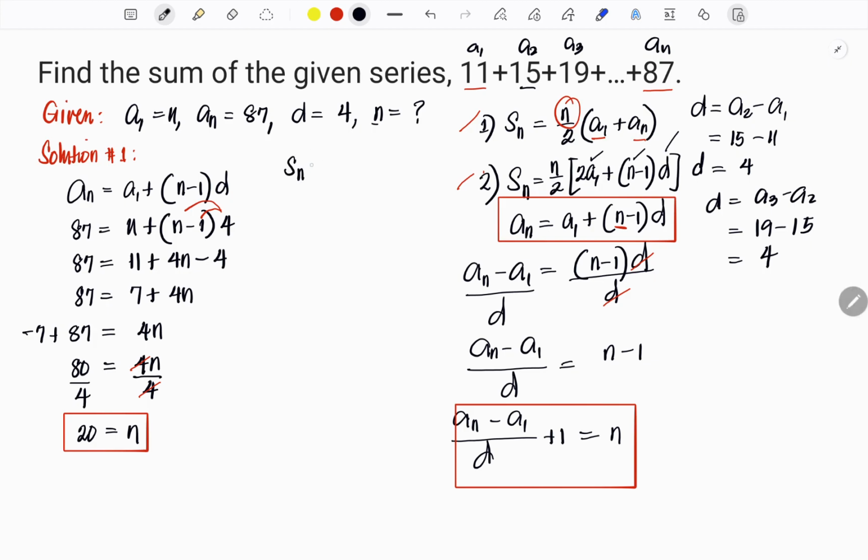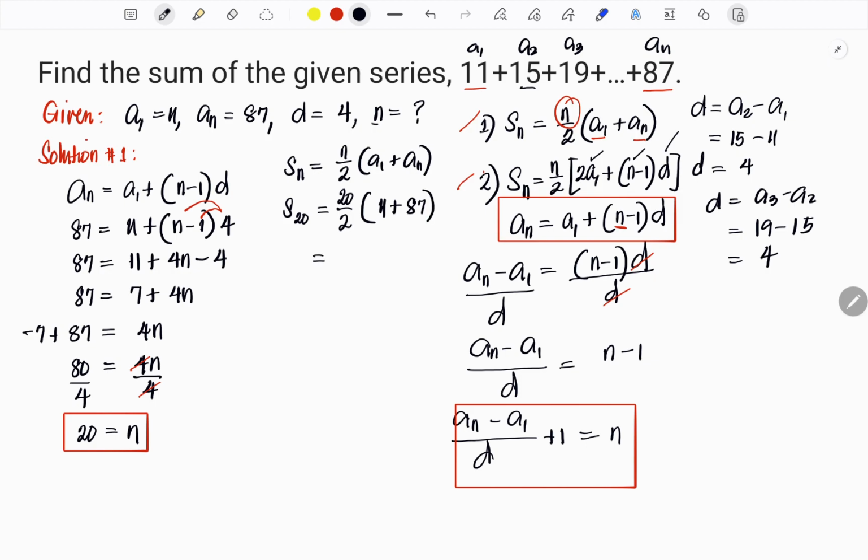So S sub n is equal to n over 2 times the quantity a sub 1 plus a sub n. So we have now S sub 20, since the value of n is equal to 20, and 20 over 2 times our a sub 1 is 11 plus a sub n is equal to 87.